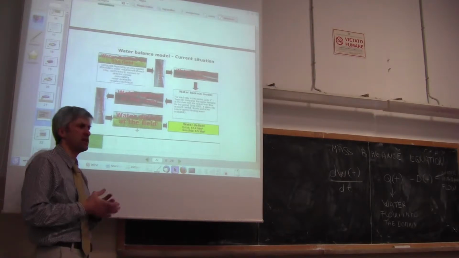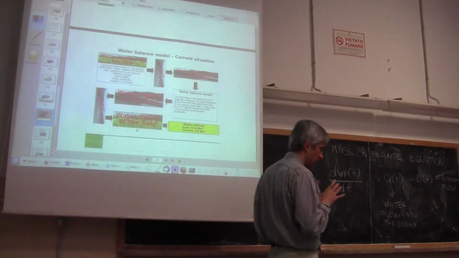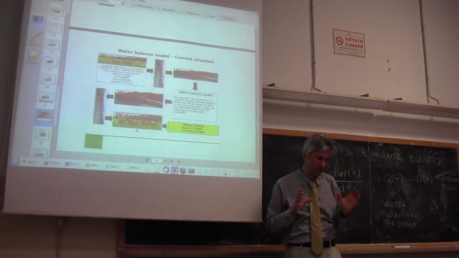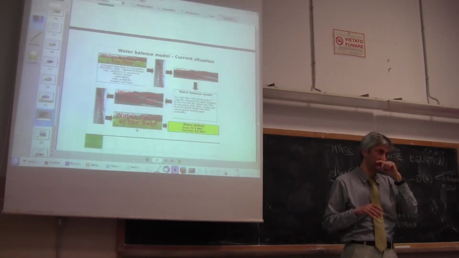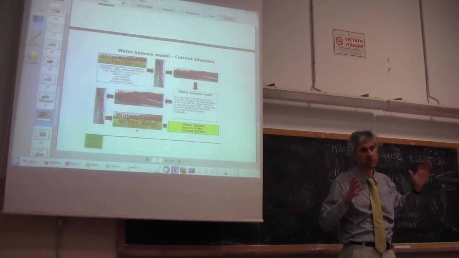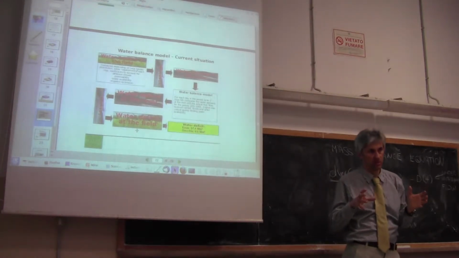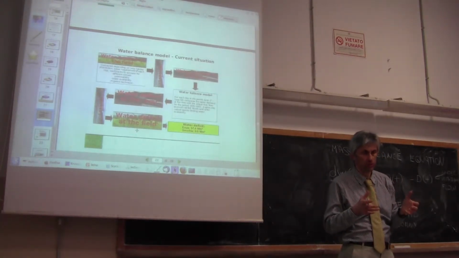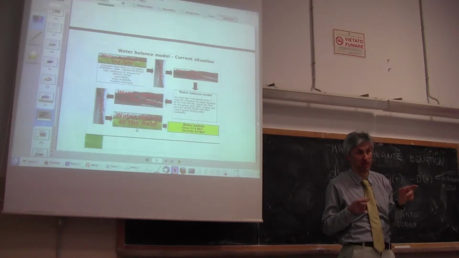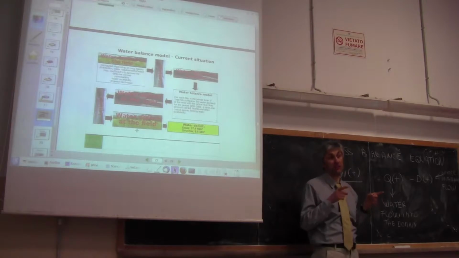The daily time scale is fine because the monthly time scale is not really appropriate, as you have strong fluctuations during a month. During a day, the water demands and the water availability don't change much, because the river flow during summer doesn't change much. So the daily time scale is fine.